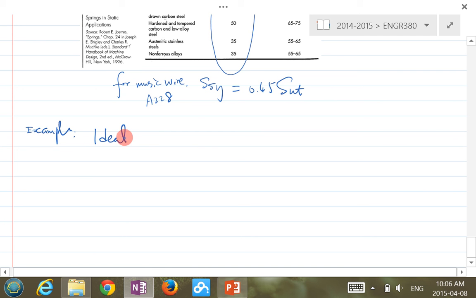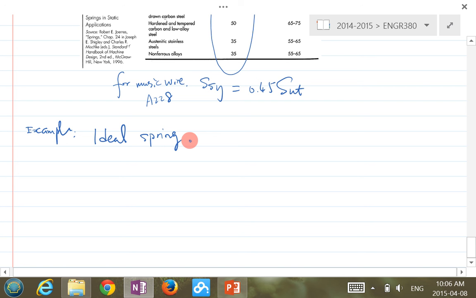So I'll deal with an ideal spring. There are two kinds of situations: one is an ideal spring, the other is a non-ideal spring. So what is an ideal spring? An ideal spring basically means you think of the spring as having a linear relationship between F and Y, all the way from open to close.